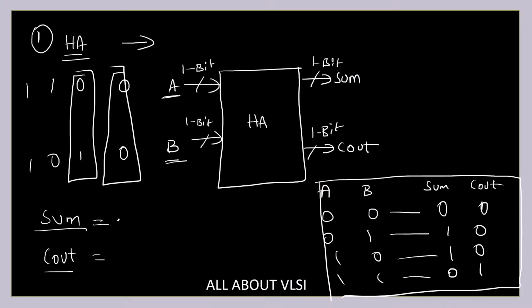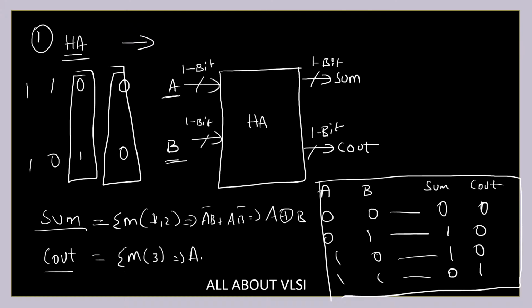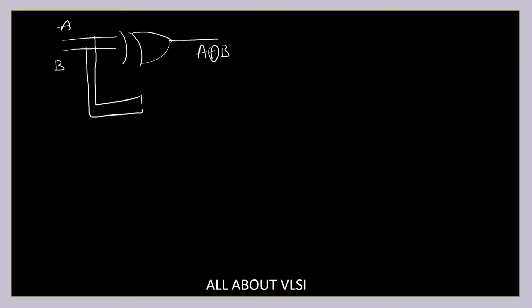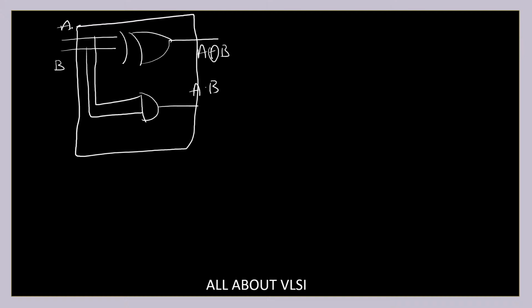The min terms for my Sum are 1 comma 2, which is A complement B plus A B complement, which is nothing but A XOR B. And Cout has only one min term, which is 3, which is nothing but A dot B. If you want to represent this circuit, this is how it looks: an XOR gate with inputs A and B giving A XOR B, and an AND giving A dot B. This is what your half adder logic diagram looks like, right?